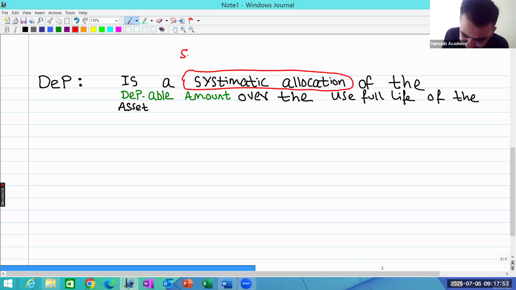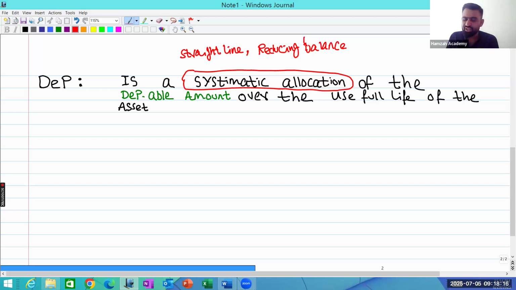It could be straight line, it could be reducing balance, it could be activity-based depreciation.